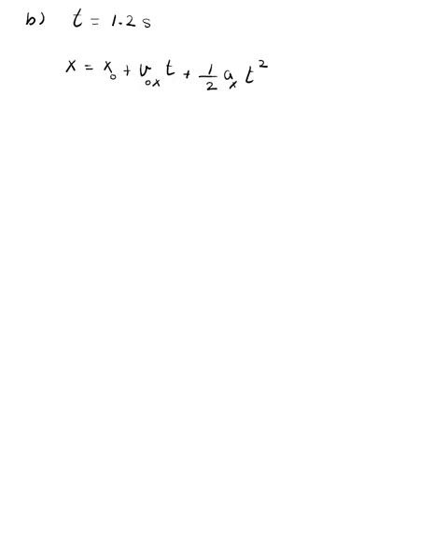Because I put the origin in the middle, I can consider that my 0. Then I want to find the position of canoe number 2 after 1.2 seconds. So x naught is 0 because that is where my origin is, and at the beginning it doesn't have any velocity, so these two terms are 0.